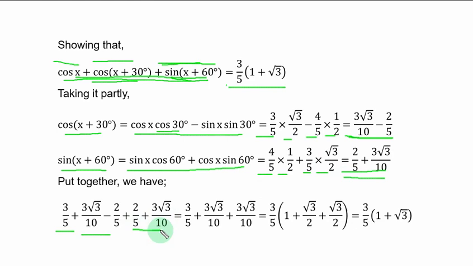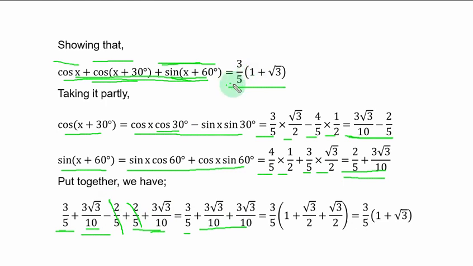From here, we add like terms first. 3/5 is going to be there. Now consider this and this like fractions. When you add first, we take them together. Then minus this plus this is 0.